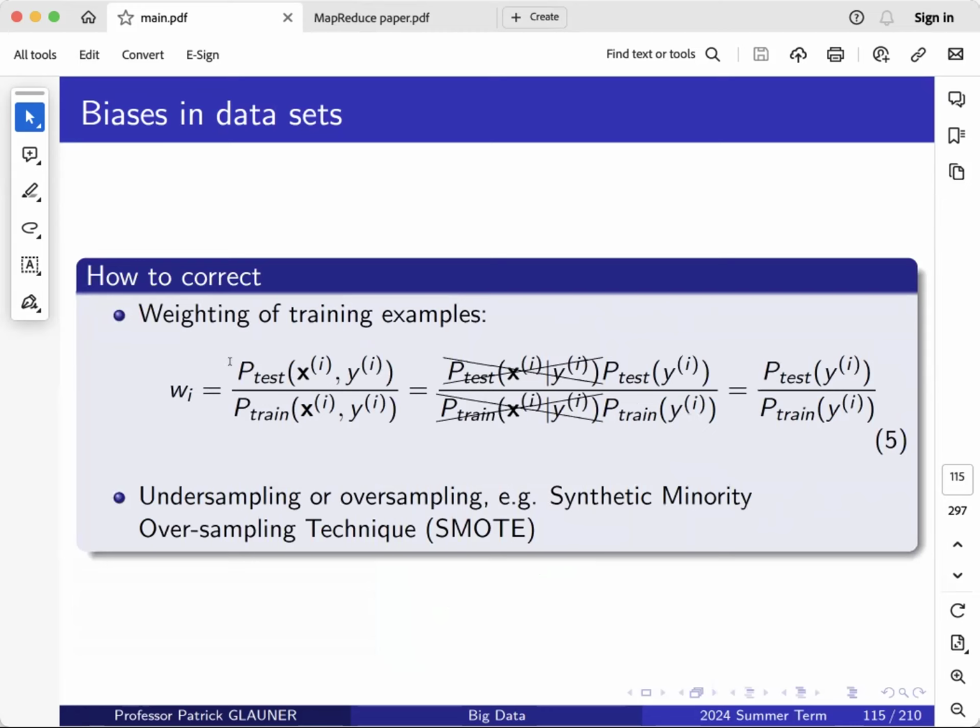Because as you remember, if I have a joint probability, I can break it up into a prior and a conditional probability.